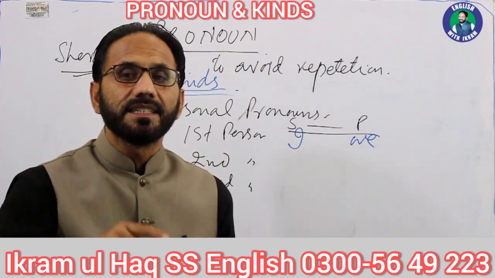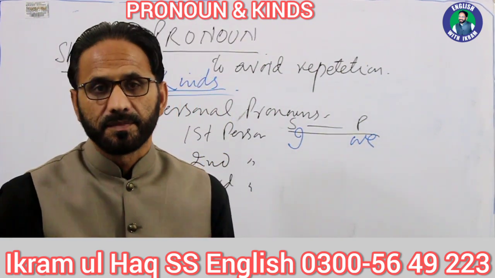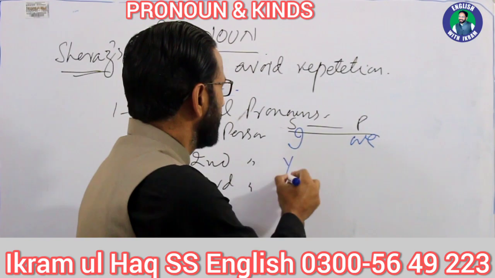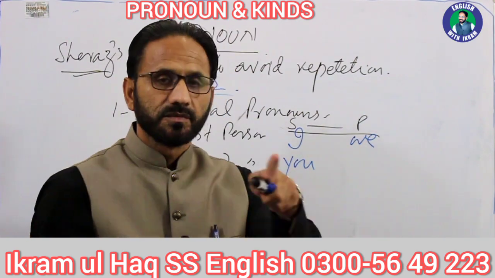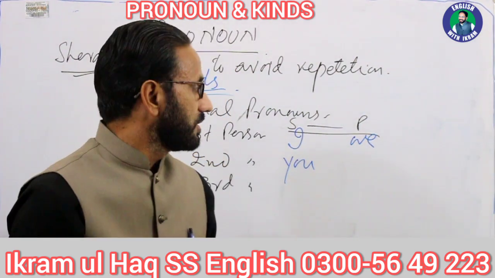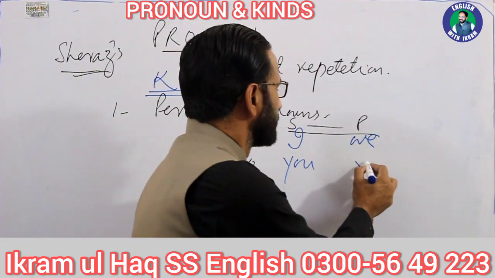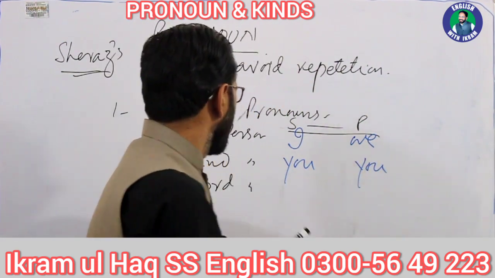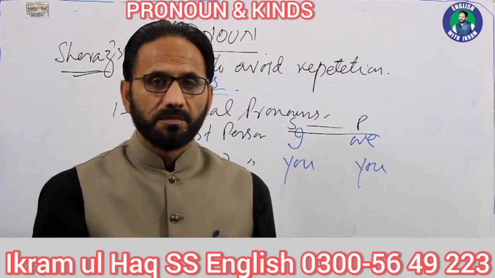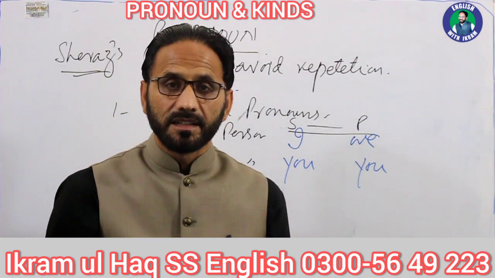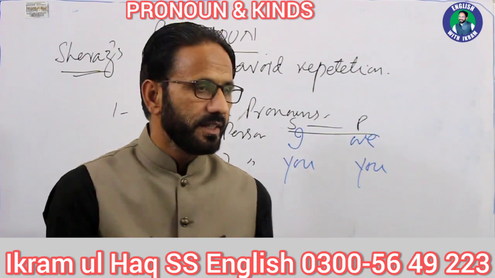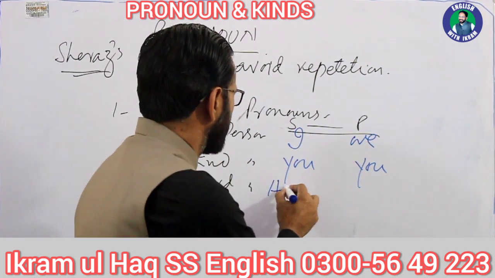And second person is the one to whom you are speaking. If he is one, you will use the pronoun you. If you are speaking to more than one person, again you will use the pronoun you. And if you are talking about a person who is not present here, about whom you are speaking, if he is male, you will use the pronoun he.